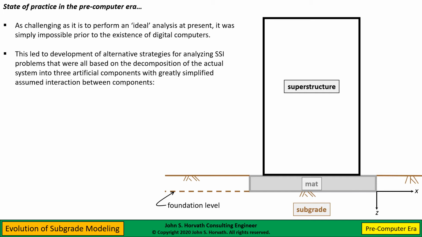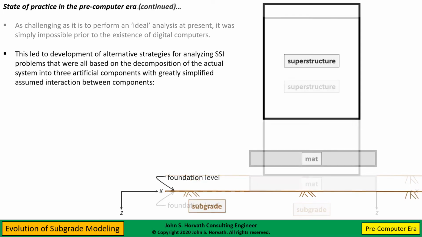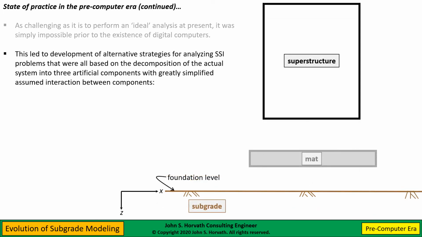Well, there were multiple strategies that were used, but they were all based on decomposition of this actual problem into three independent components. And there were very simplified assumptions about how these components interacted.